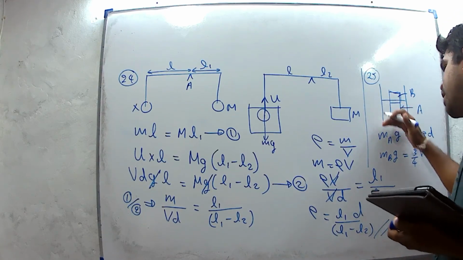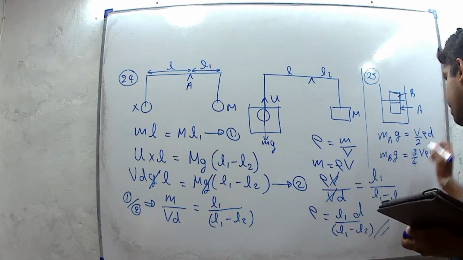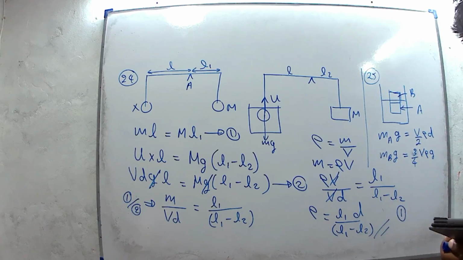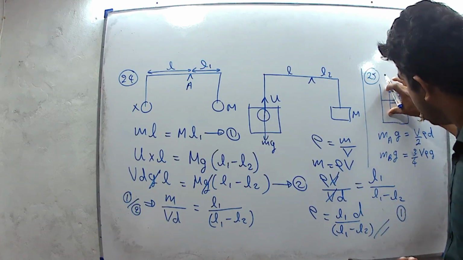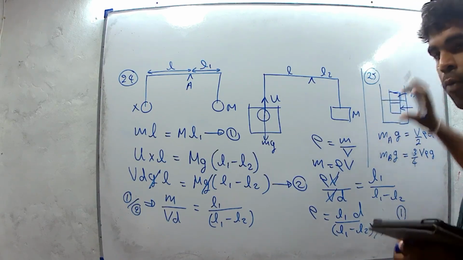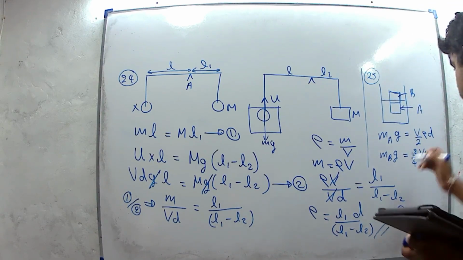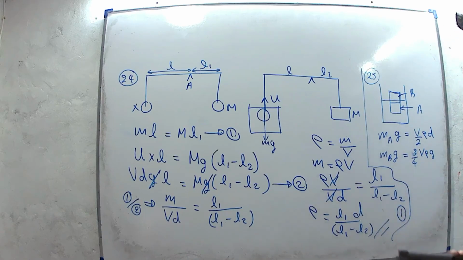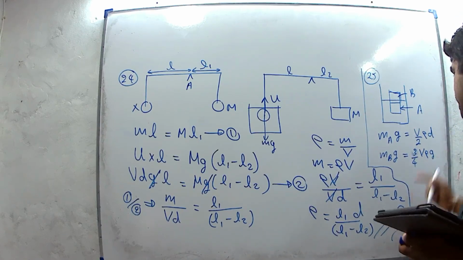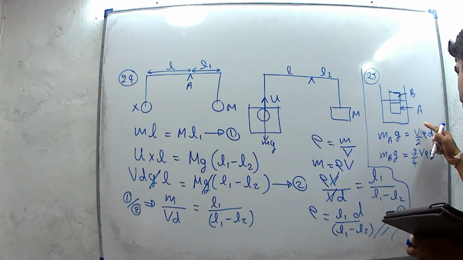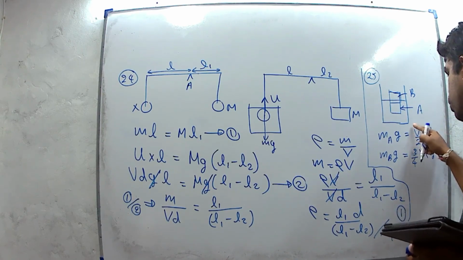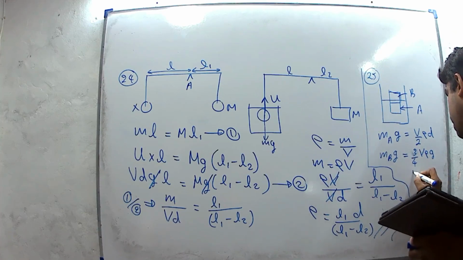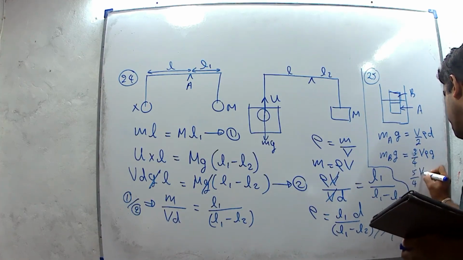When considering the sum of weights, we can get the sum of upthrust. For this system, we have to consider the sum of upthrust. Therefore, we have to add these two values. We know that 1/2 is 2/4. 2/4 plus 3/4 means 5/4 V rho G.